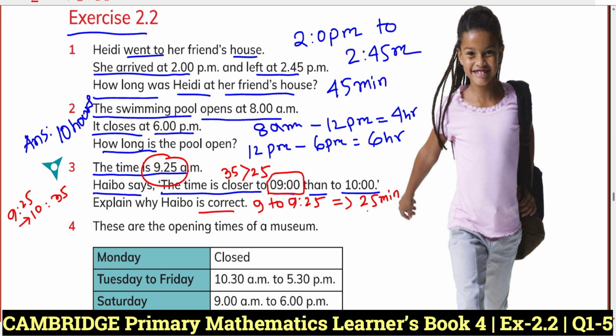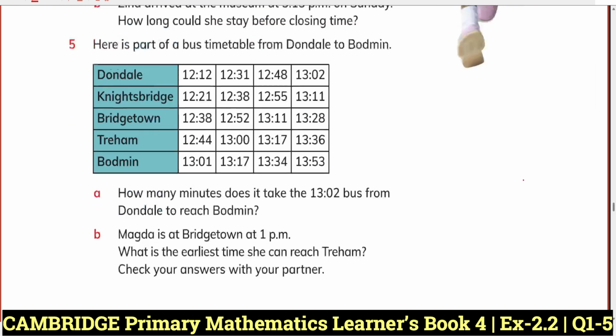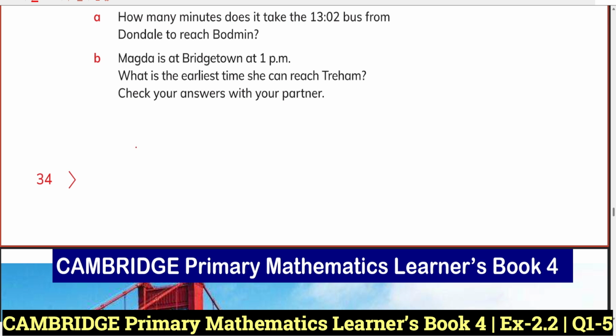We can write the answer like this: 25 is less than 35. It's closer to 9, or if you want you can describe more. I can write in here, this is question 3. Distance to 9, 25 minutes.